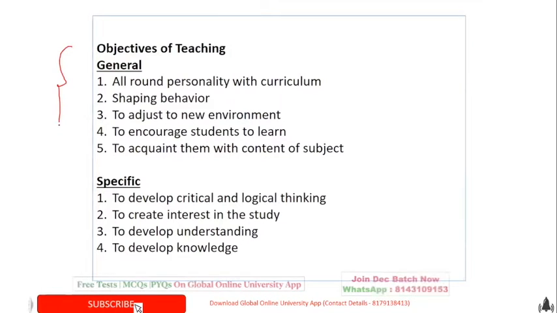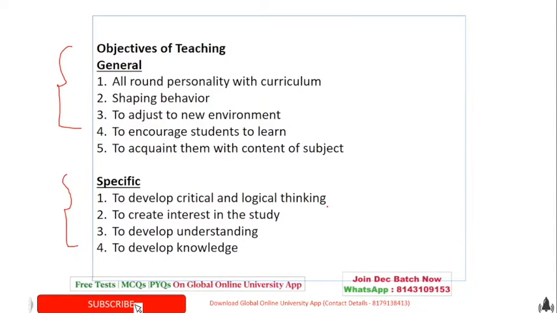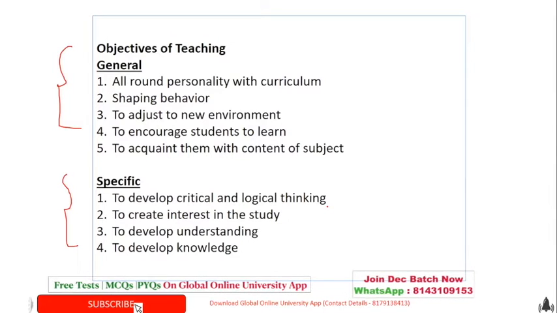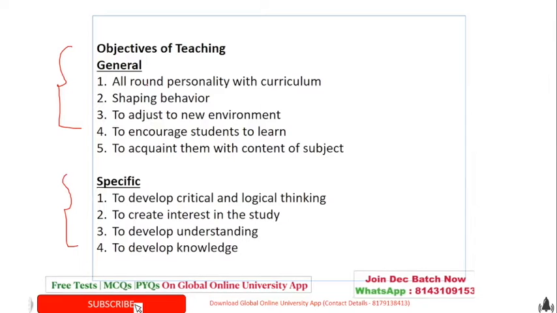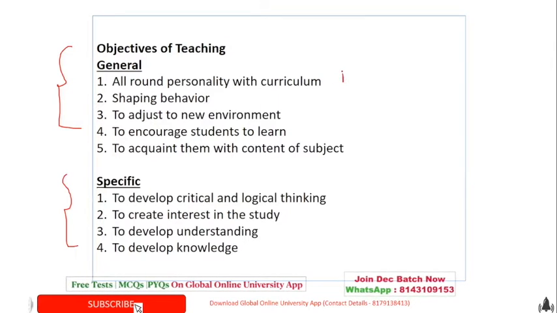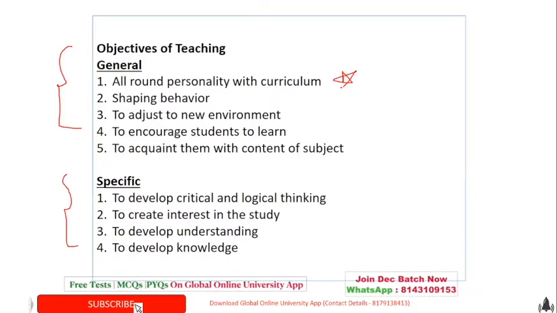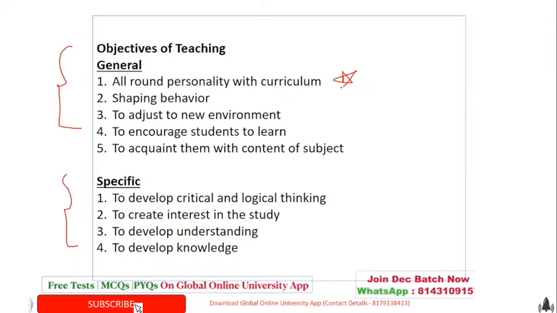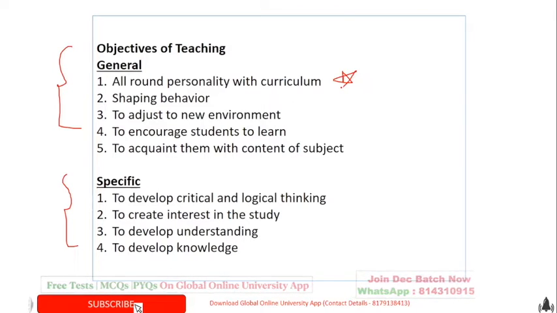What exactly does it start from? So the first one we have is objectives. Here, definitely one question comes regarding the overall objective of teaching. If I divide it into two parts, it comes as general and specific. This question is very commonly seen in many of the previous years' papers. So what type of impact or objective does teaching have?